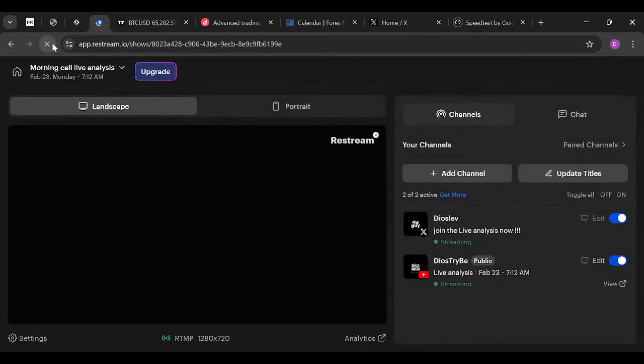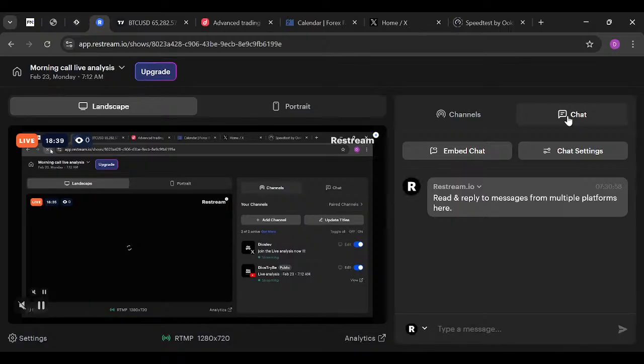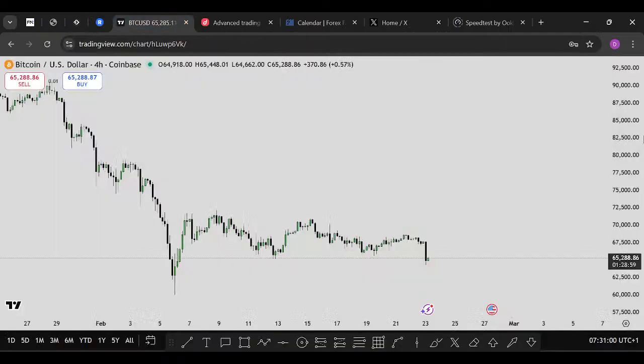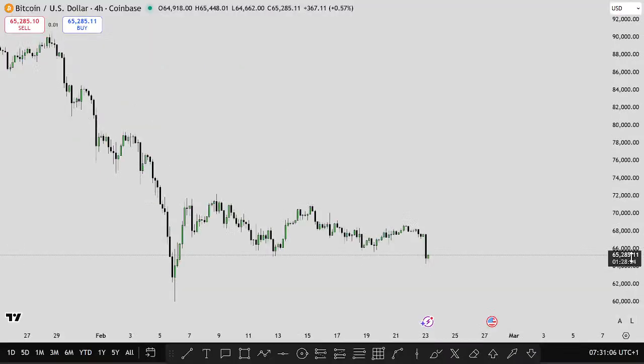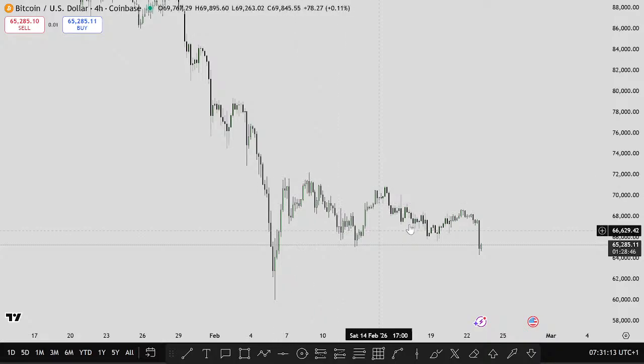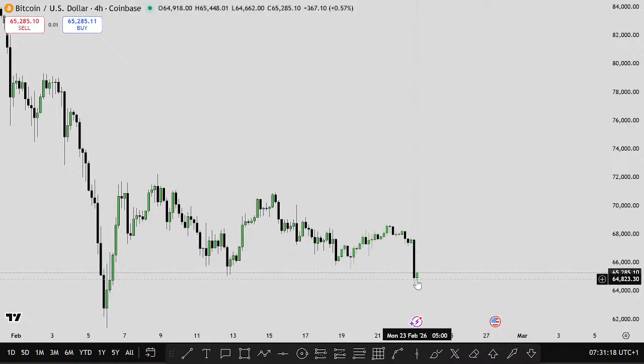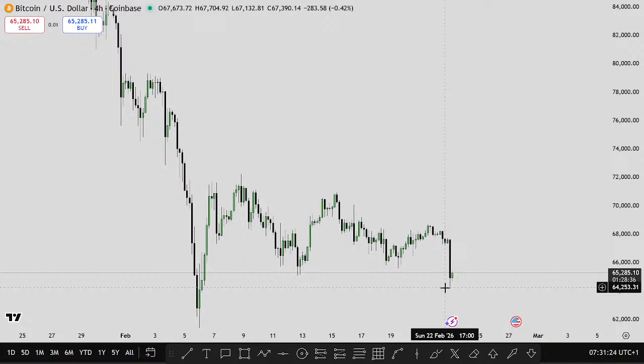Hold on. So next we go on to BTC USD. For BTC USD, we can see this guy has been ranging for a while here, and then eventually broke structure like crazy during midnight. I don't have any business with it, so we're just going to move on to the next one.